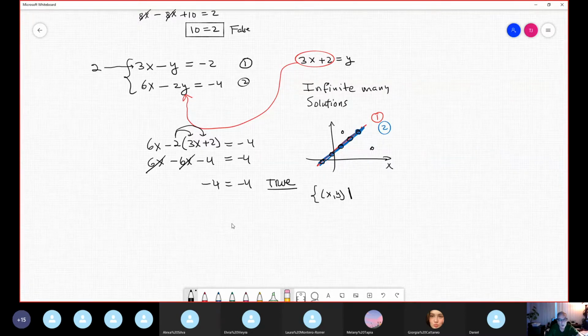And you copy either equation. Which equation do you prefer? I prefer the first one. There is no special reason, but I prefer the first one. It's the ordered pair such that it is on this line, which is exactly the same as the other line, because the only thing I did was multiplication by 2.